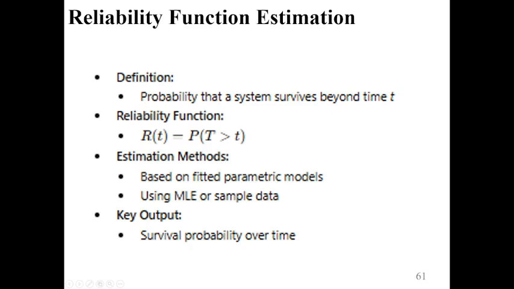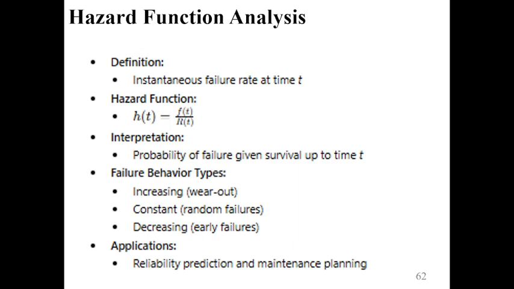All right. The hazard function, also known as the failure rate function, is a key concept in reliability analysis that describes the instantaneous rate of failure at a given time, assuming the system has survived up to that point.